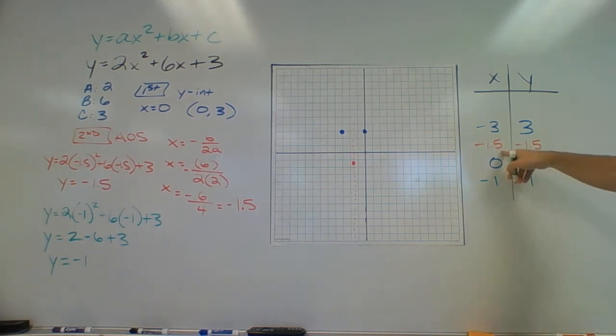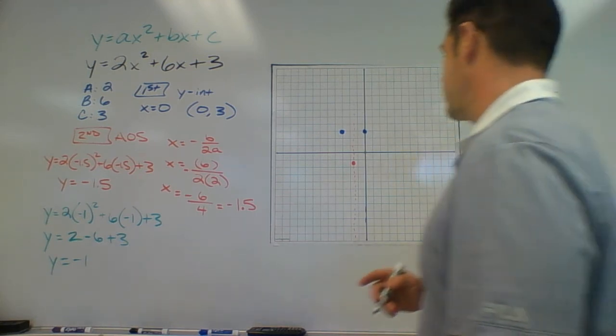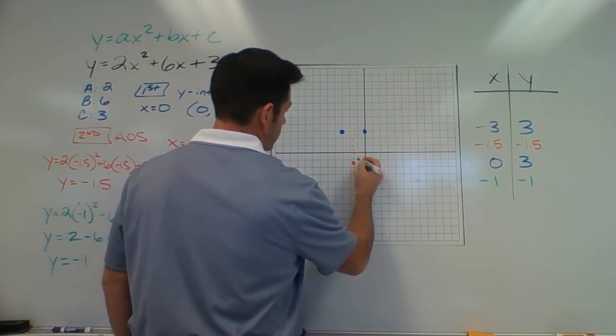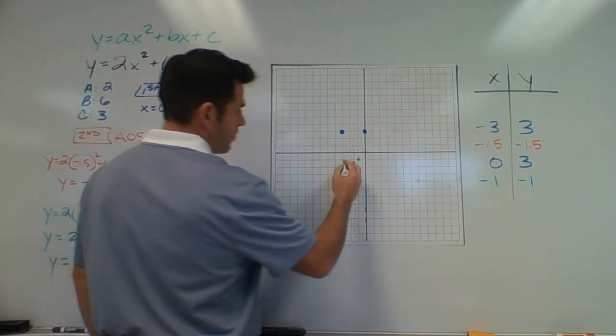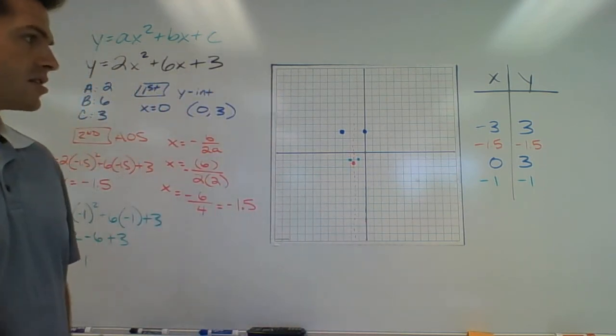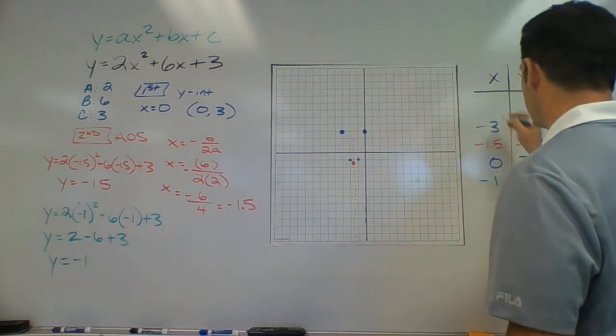Negative 1 is a half of a spot away from the axis of symmetry, so we should have a mirror on the other side there. Let me go ahead and put negative 1 in. There it is right there. So on the flip-flop of that, another half away from the axis of symmetry would be the spot negative 2, comma negative 1.